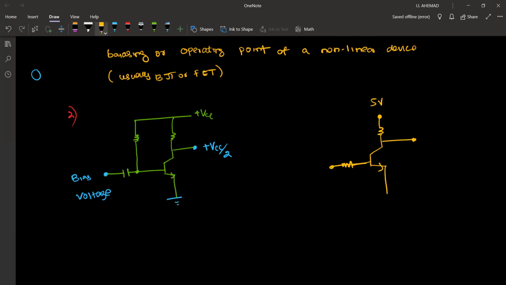If I did not bias, then my voltage will be at 5 volts. Why is that? When this voltage is 0, IB current is 0. When IB current is 0, IC current is 0. If IC current is 0, there is no potential difference. So, no bias means this voltage will be at 5.